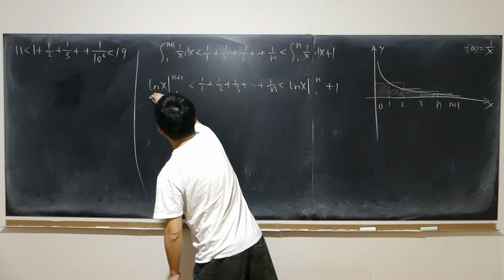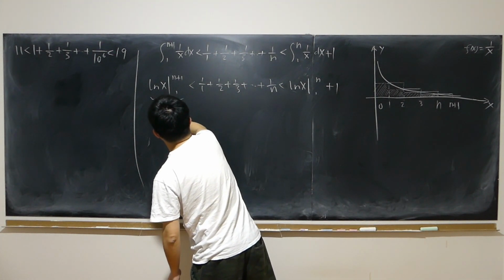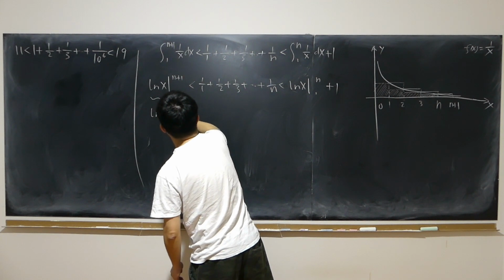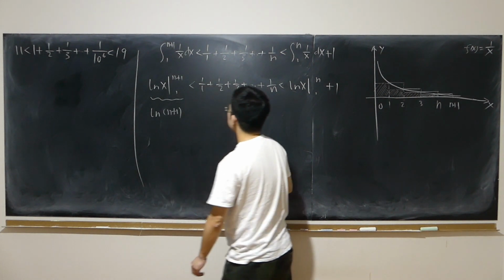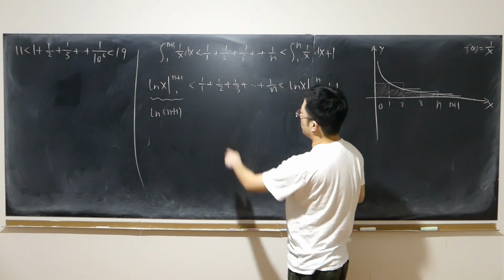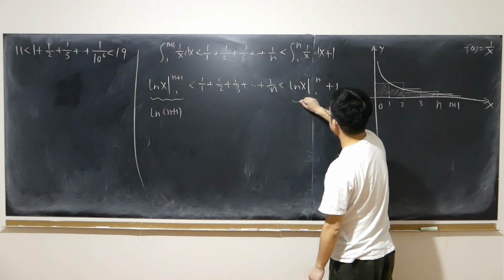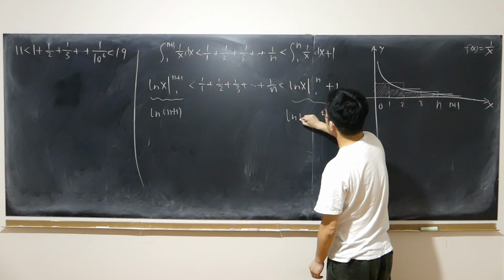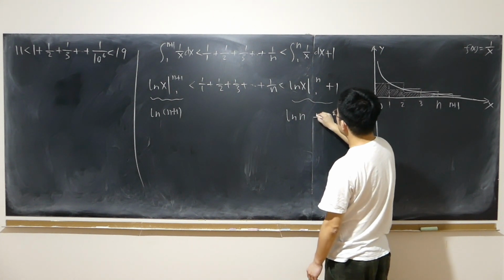So this one is log of n plus 1. Right. Log 1 is 0. So this is log n plus 1.